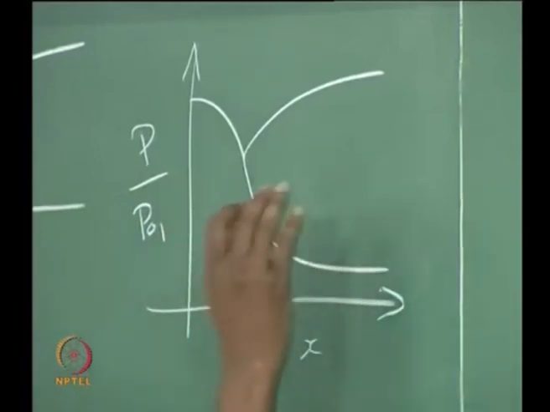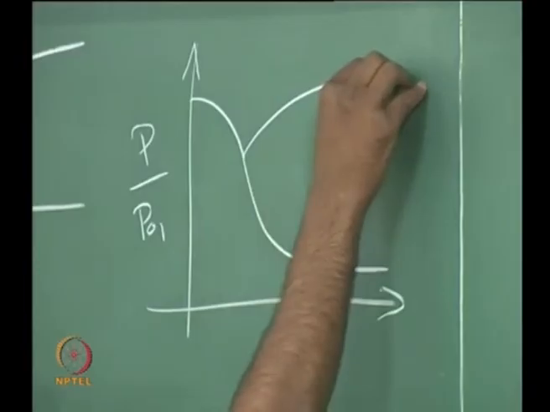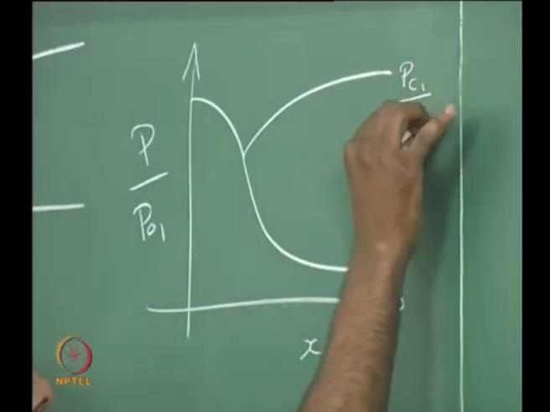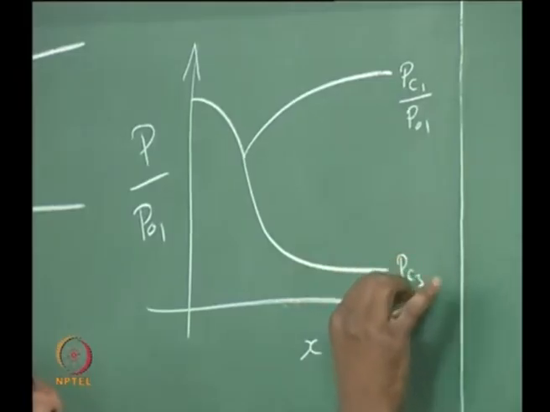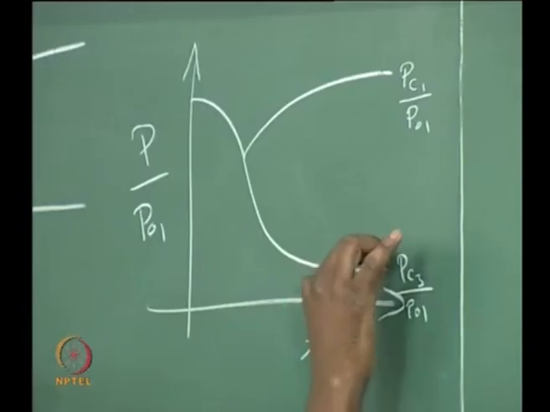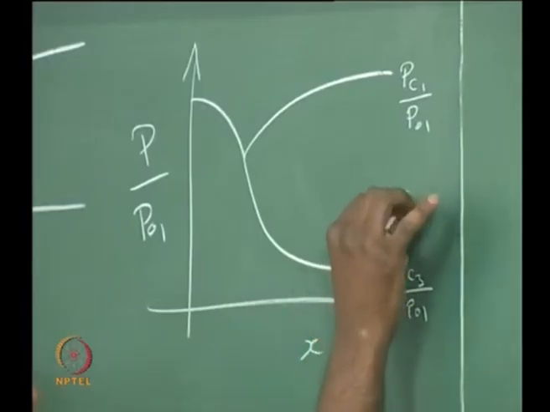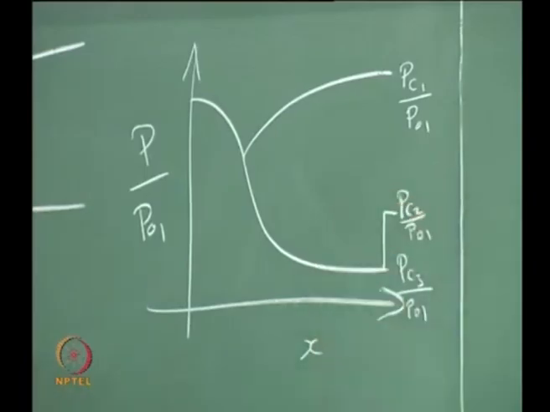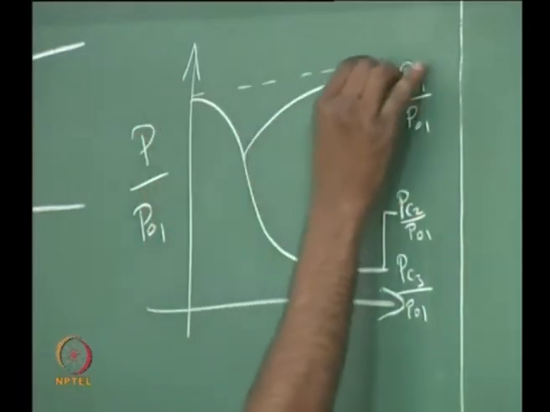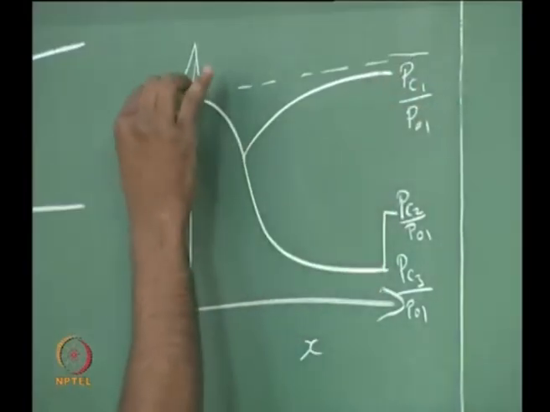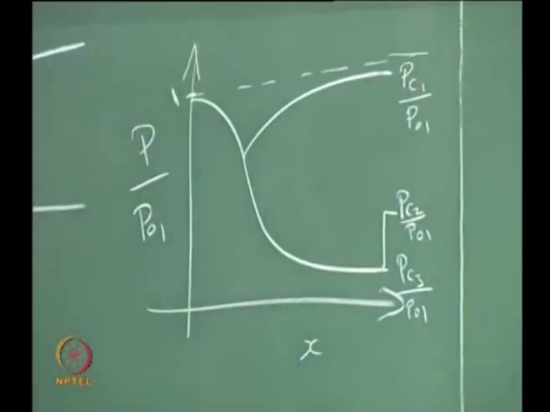These are easy problems to solve, and you know that this is going to reach up to P critical 1 by P naught 1, P critical 3 by P naught 1, and if there is a shock at the exit, then I get P critical 2 by P naught 1. And P naught is somewhere there. That is your P naught, P equal to P naught, so it is P by P naught equal to 1, that particular condition.